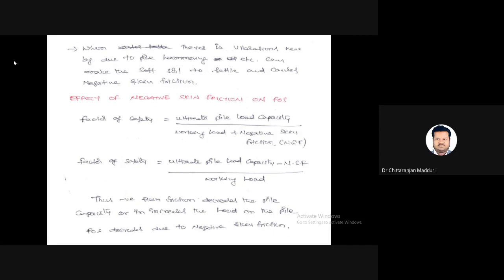Another formula is factor of safety equal to ultimate pile load capacity minus negative skin friction divided by working load. Here negative skin friction decreases the pile capacity, so factor of safety also decreases. So we should avoid negative skin friction.